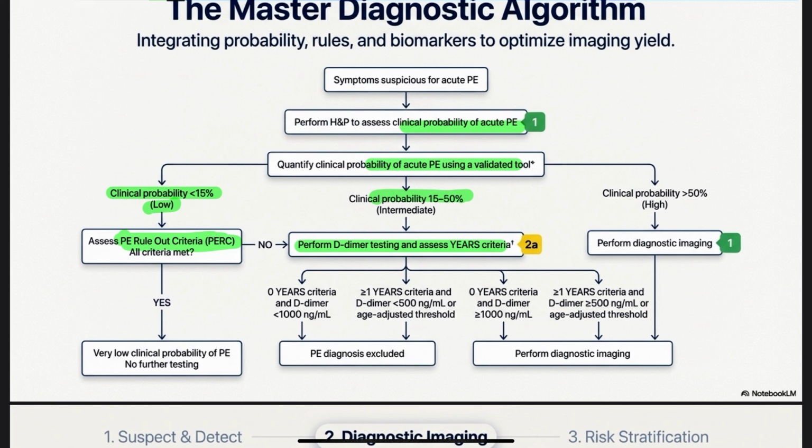If YEARS criteria is 1 or more, you will just do D-dimer with a 1000 cutoff, and if YEARS criteria is 0, you will take the cutoff of 500, and if anything is positive, you will perform the diagnostic imaging. If the things are negative, that is YEARS 0 and D-dimer is less than 1000, YEARS 1 and D-dimer is less than 500, there is nothing to worry about. You will just exclude pulmonary embolism and go.